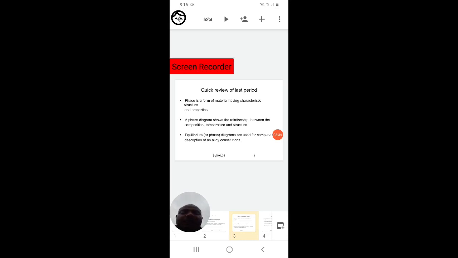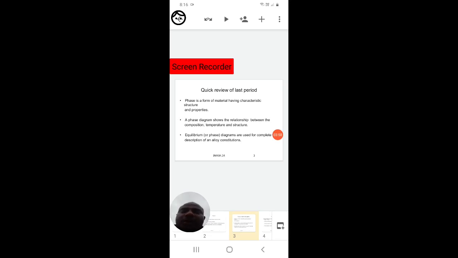Equilibrium or phase diagrams are used to give a complete description of an alloy's constituents. In our syllabus, it is the iron carbon equilibrium diagram, where the alloying is interstitial solid solution alloying.